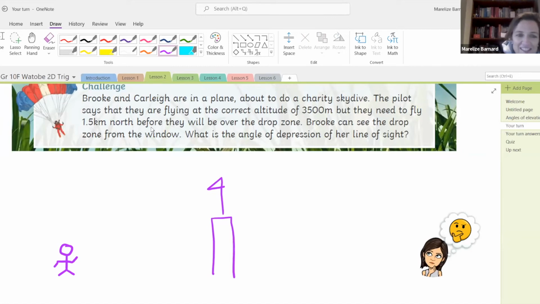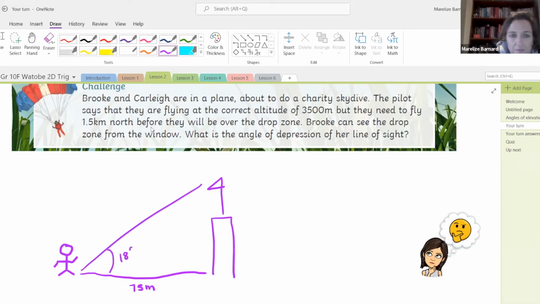Okay, so the distance between Sammy and the castle, it says she's standing on level ground, and that is 75 meters. That's the distance between her and the castle. And then it says that the angle of elevation that she's looking at the top of the flag is 18 degrees.